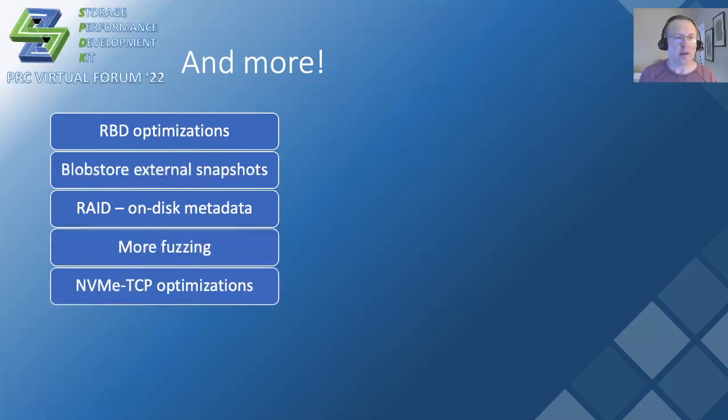More NVMe TCP optimizations. I think this work is going to continue for a long time. There's quite a bit of work happening. Ben Walker and Meng Jin are looking at ways to reduce the number of data copies in the NVMe TCP path.